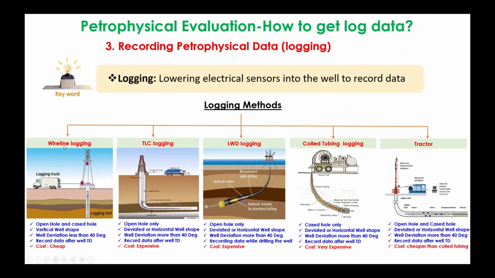The most common methods we use for open hole logging are wireline or LWD, and the methods vary in cost. Also for cased hole we use different methods. The most common method for cased hole is wireline or tractor, and we can run more advanced technologies, which are very costly, depending on the value of information we need from the data.